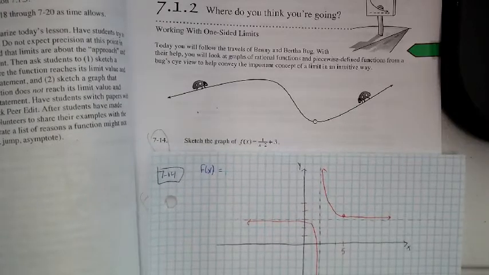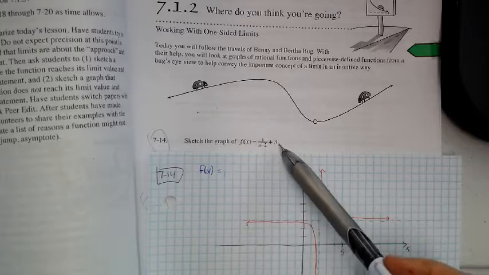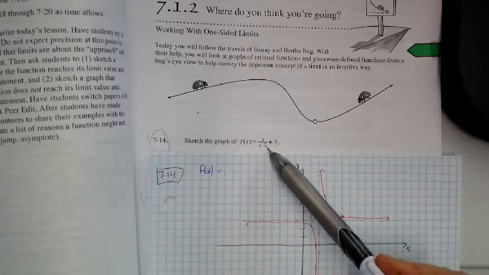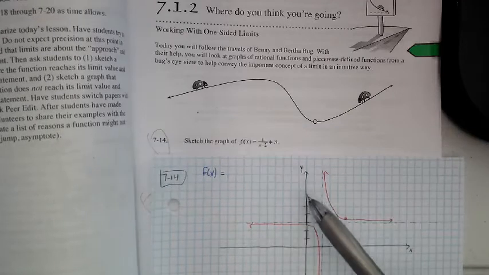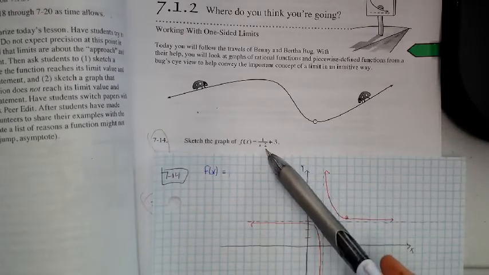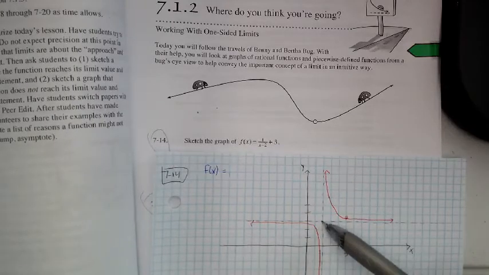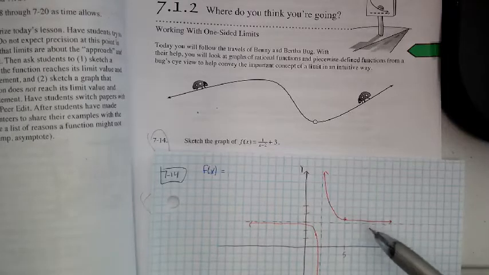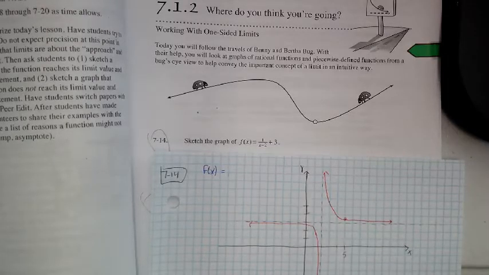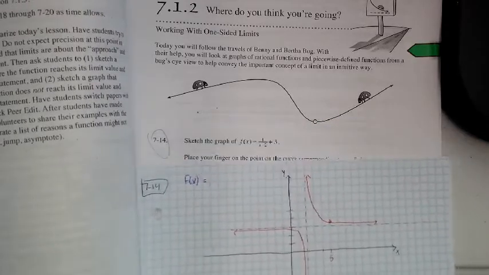So the parent function is the reciprocal function, but this one says that it's moved up by 3 and right by 2. So I went right 2 and up 3, and I made these little dotted lines. And then I just drew a picture of the reciprocal function, like one of the parent functions that we have on the wall here in our classroom.